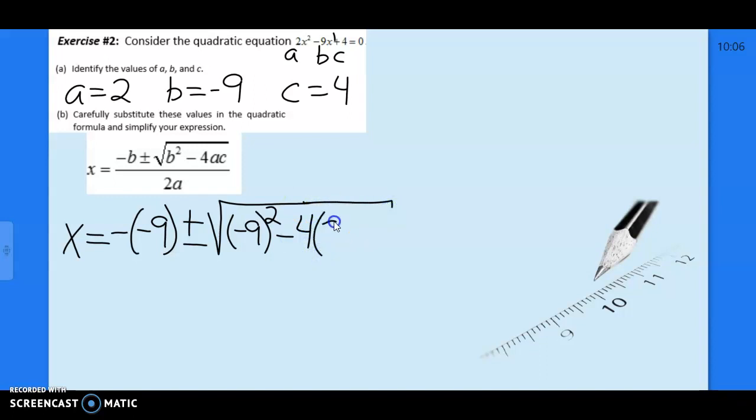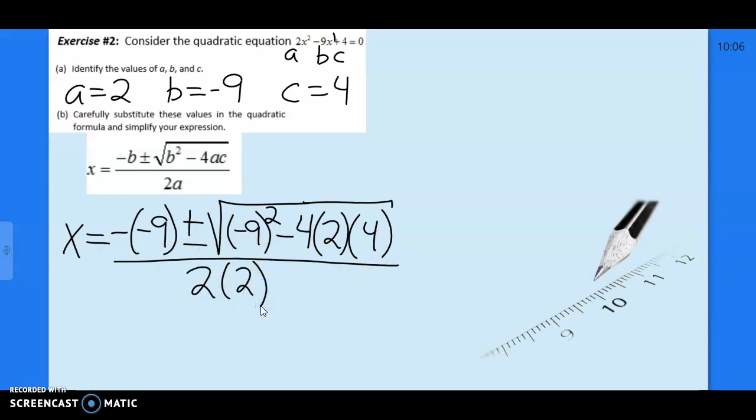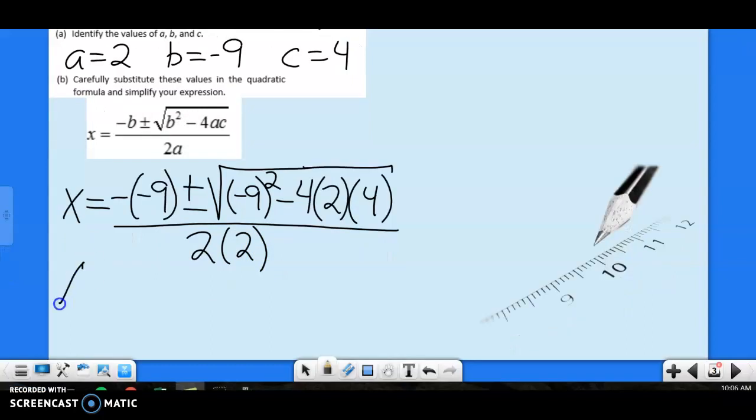A is 2, C is 4, and all of this is being divided by twice the A value. A value in this case is 2. The order of operations. And so this is going to give me x equaling a negative is a +9 plus or minus square roots.